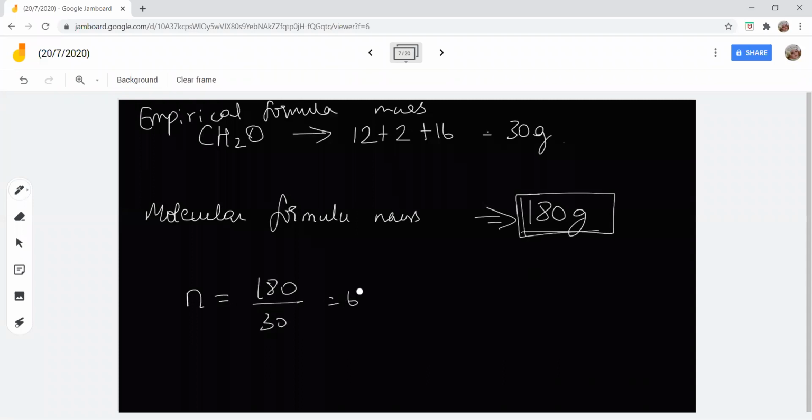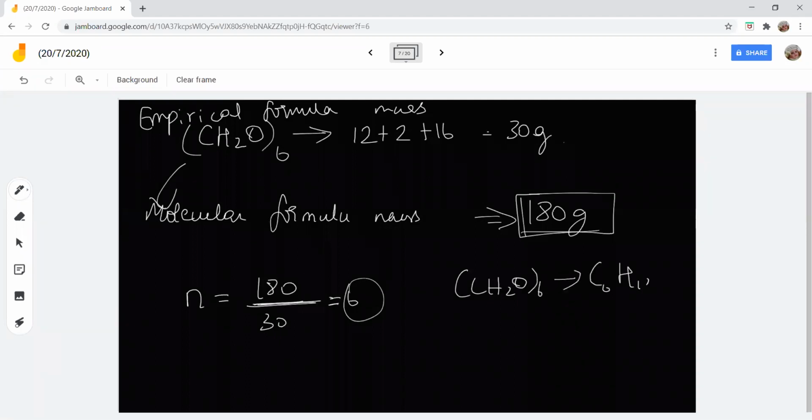This is the ratio between the molecular formula mass and the empirical formula mass. If I multiply 6 with the empirical formula, I'll get the molecular formula. So CH2O with 6 will give you C6H12O6.